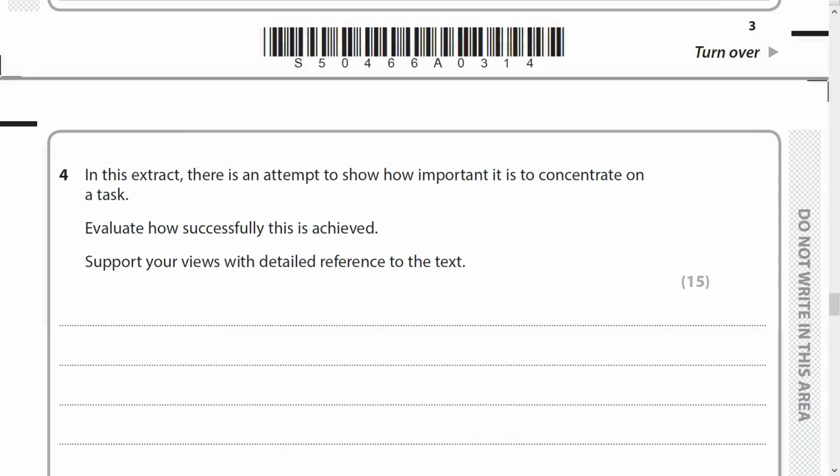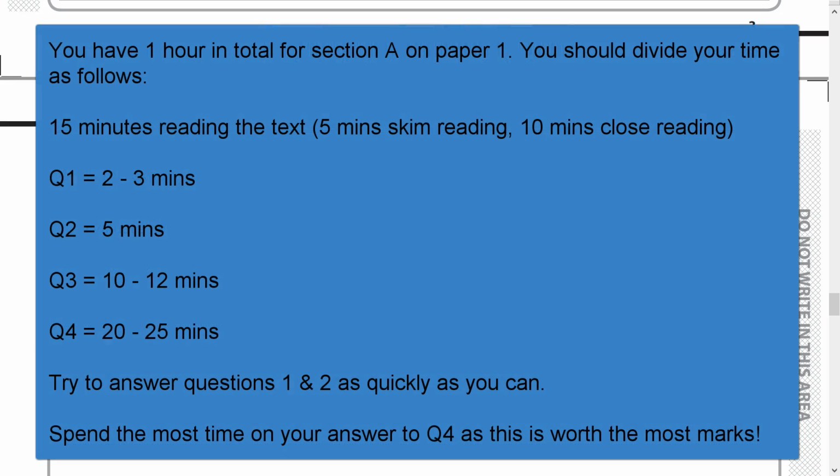All right. Now, in terms of timing, the general rule with these papers is that it's a mark a minute. However, you have a whole hour to spend on section A, on these 4 questions. So I would advise spending a little bit longer on some of these questions.